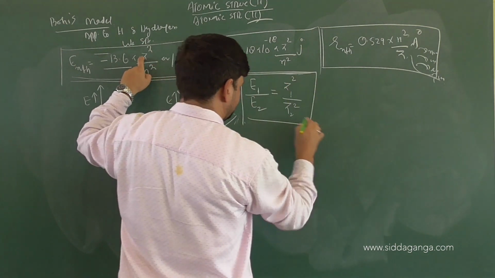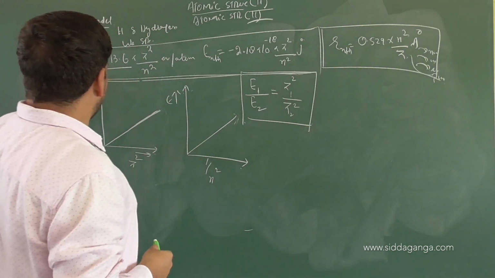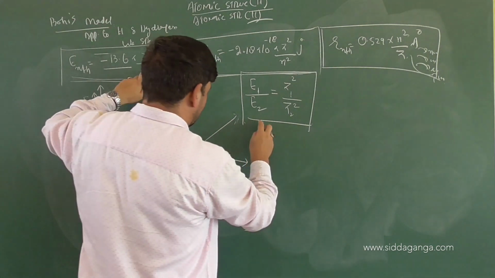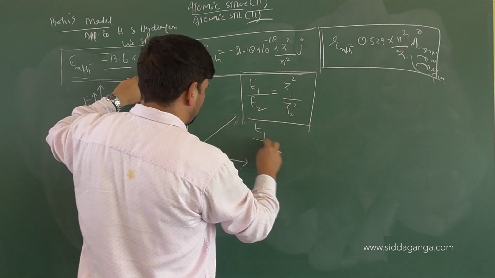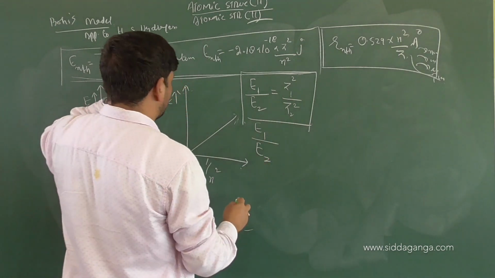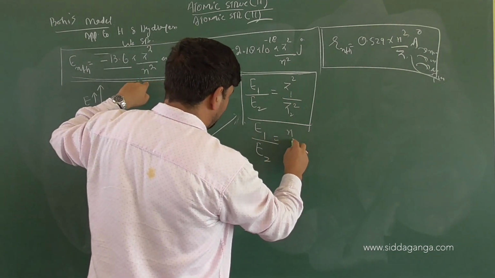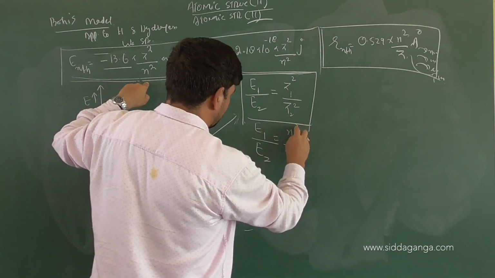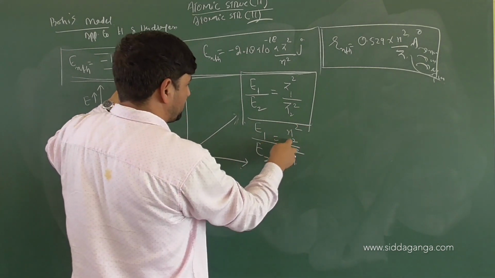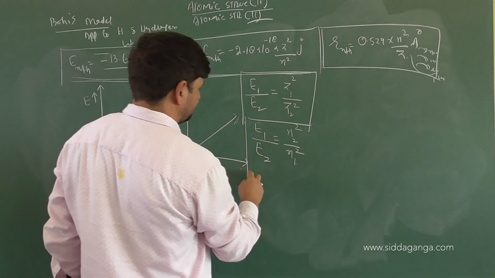One equation. Because E is inversely proportional to n square, what can I write down? E1 by E2 equals to n2 square by n1 square.